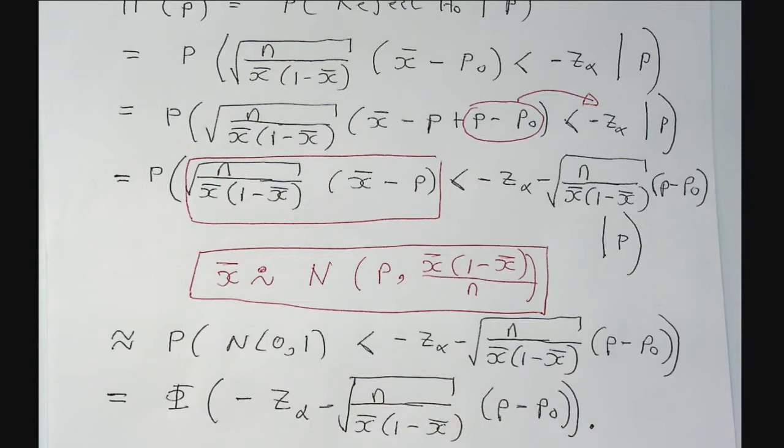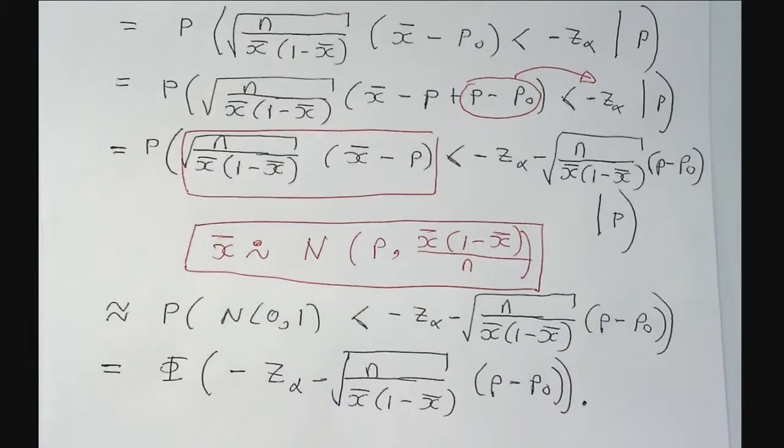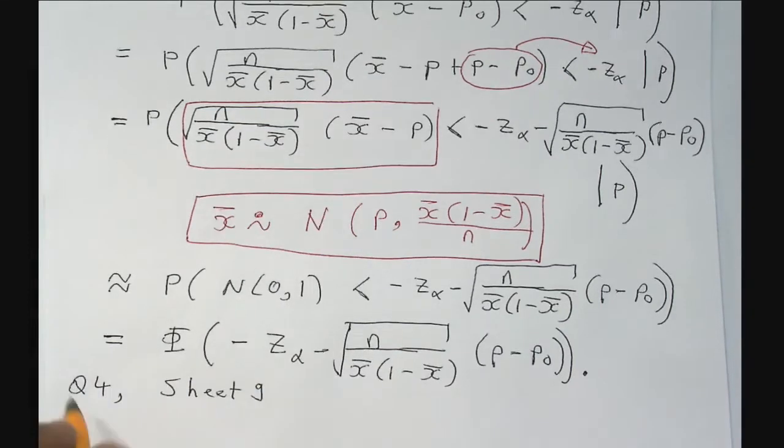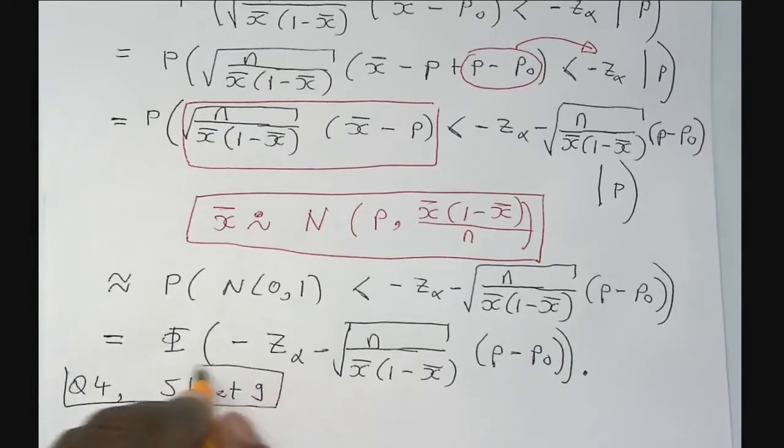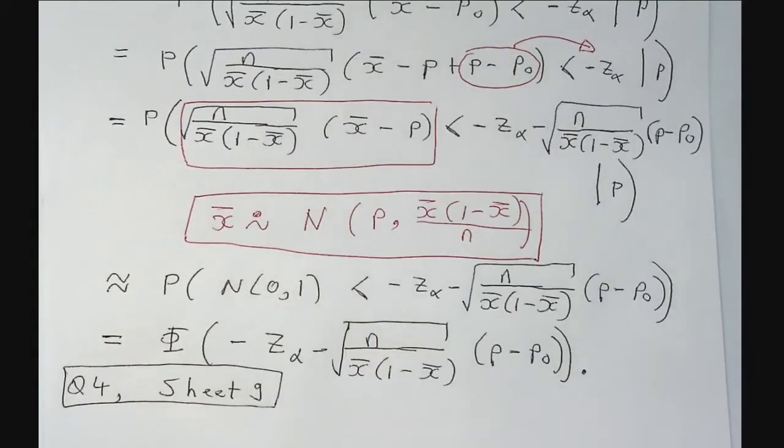Question 4 is very similar, so I might as well do it now. So for question 4, sheet 9, the only difference is that in place of less than you have greater than sign. Okay, so everything is pretty much the same.